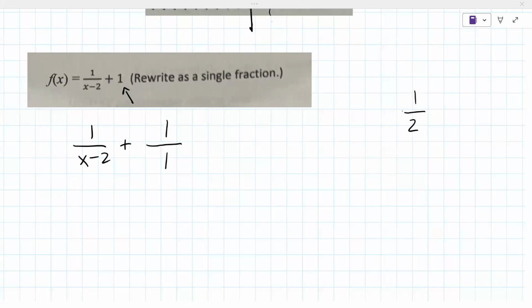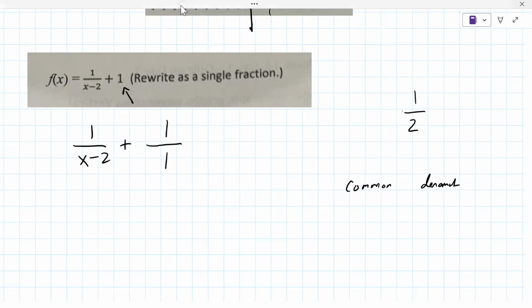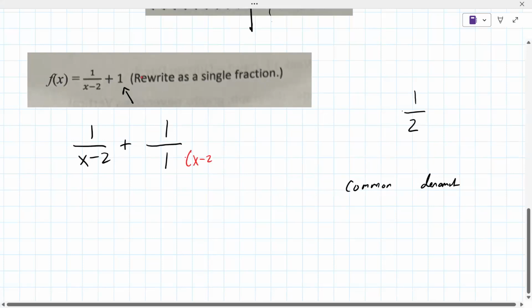Now, what is the common denominator? Do you remember that? It's x minus 2 and 1. It's been a long time since I did a common denominator, so I don't remember that much.